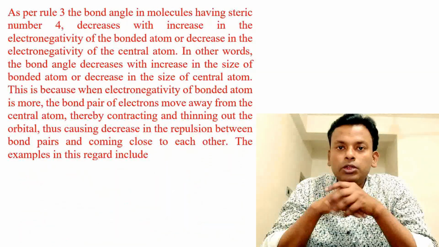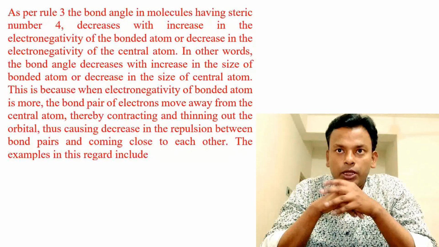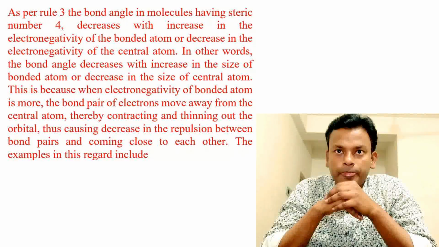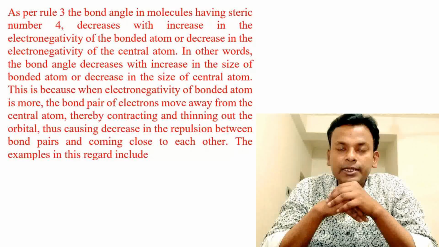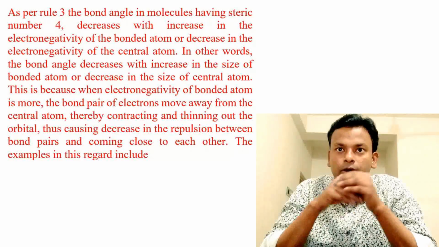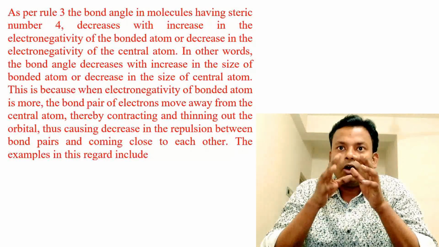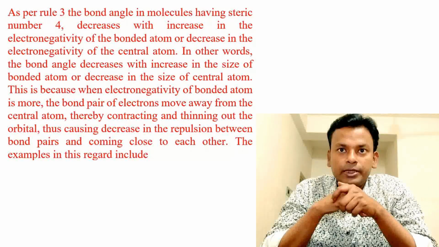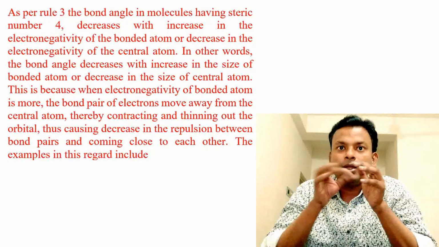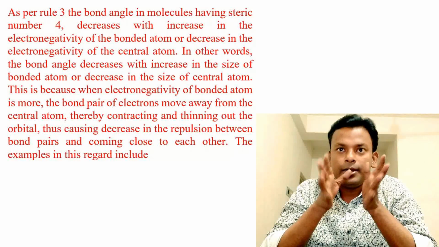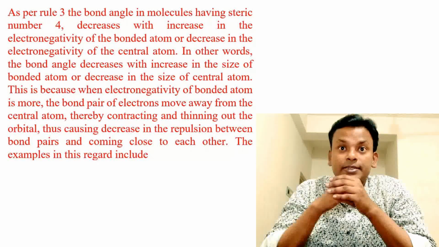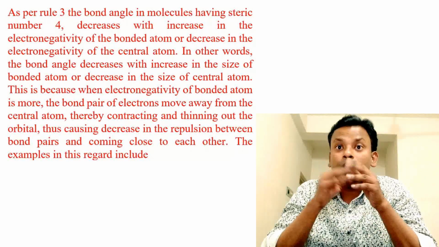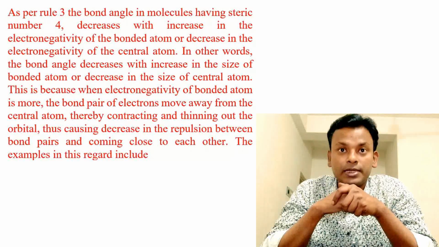As per rule 3, the bond angle in molecules having steric number 4 decreases with increase in the electronegativity of the bonded atom or decrease in the electronegativity of the central atom. In other words, bond angle decreases with increase in the size of the bonded atom or decrease in the size of the central atom.